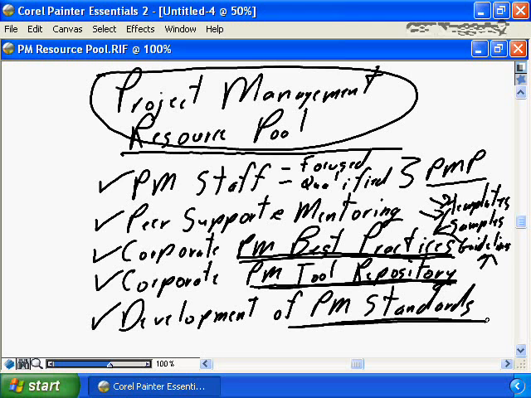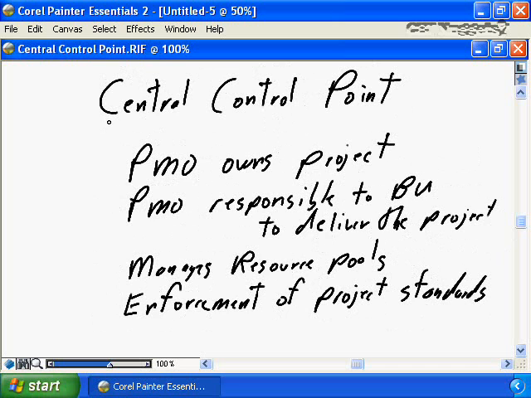successfully in our organization. The last form in which PMOs may be implemented in an organization is as a central control point. The PMO in this instance has extreme power. In the previous discussions that we've had, we talked about corporate project management, we've talked about project management resource pool and project management coordination.